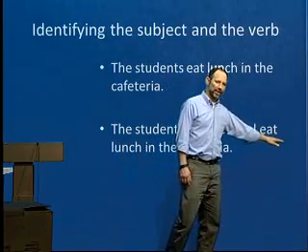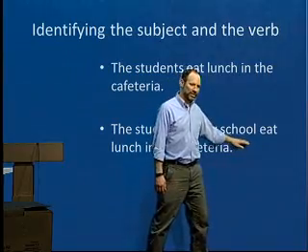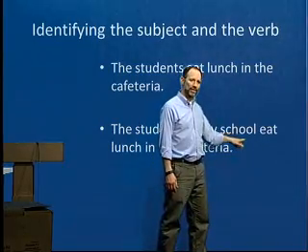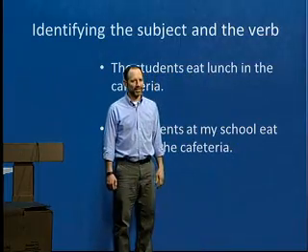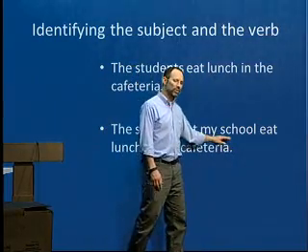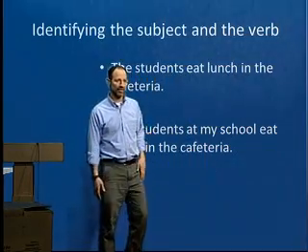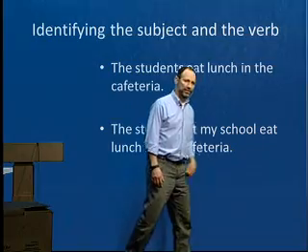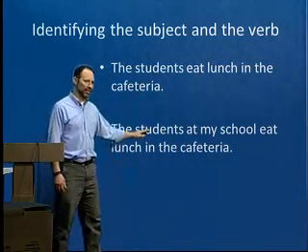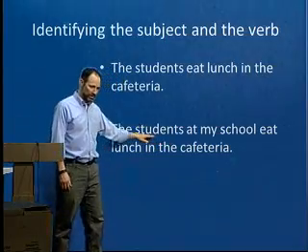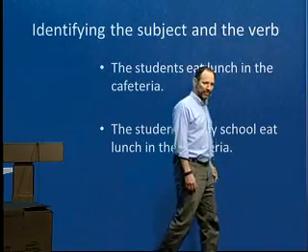Sometimes, when we find the verb, we look at whatever word is closest to the verb to figure out subject-verb agreement. But that's not the best way to do it. Because here, school is not the subject of the sentence. If I have the verb eat, I need to think, who is doing this action of eating? And it's students. So students is the subject, the verb eat.